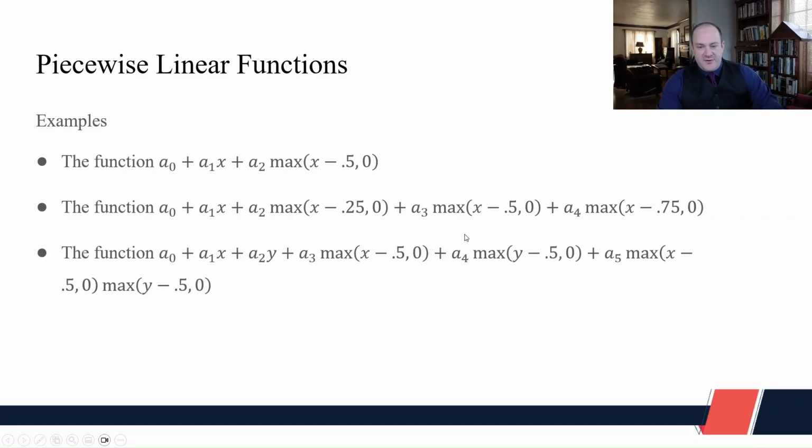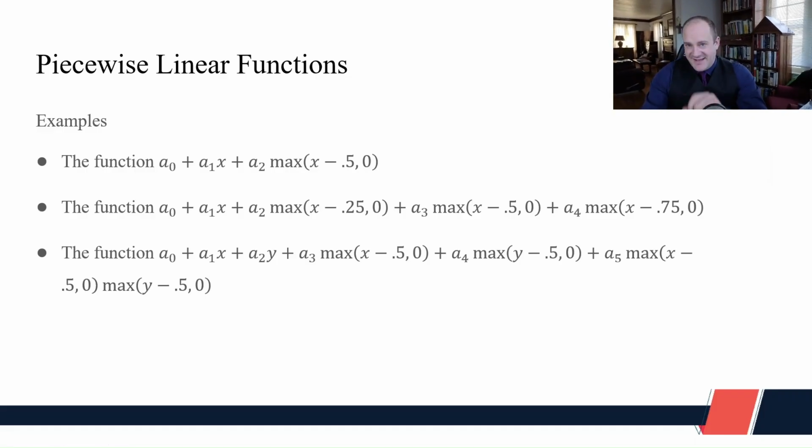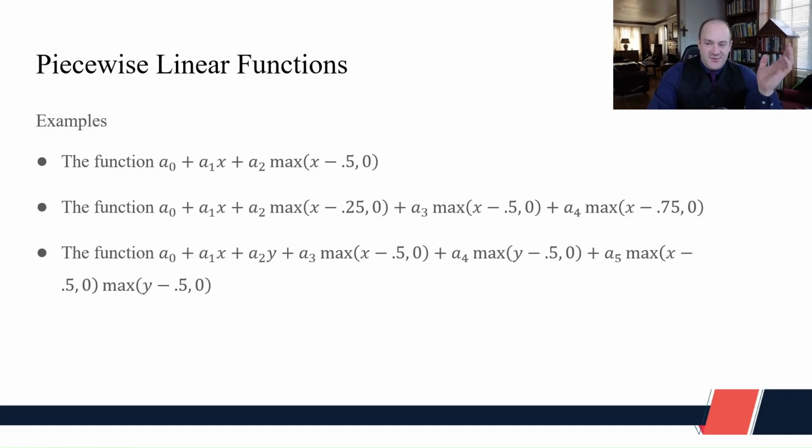Here's one that involves 2 different variables. So we've got x and y both entering the equation in a linear fashion here. Transformation of x, transformation of y, and now here is a product. So we are allowed to take products, but the product can only be to a single degree in either variable.